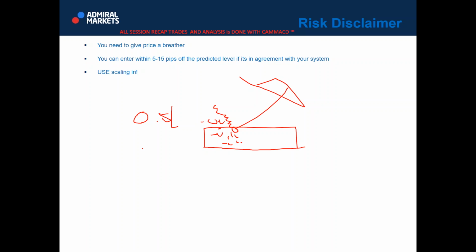Try to see how many pips your stop loss is, but always put your stop loss within your risk threshold. I advise you to use between 0.3 and 1% risk per trade. That will serve you the best in the long run.